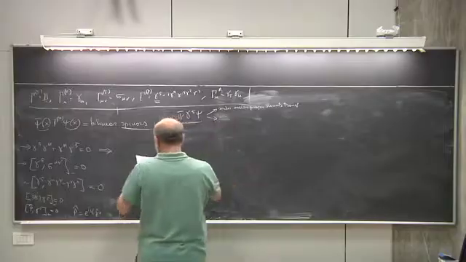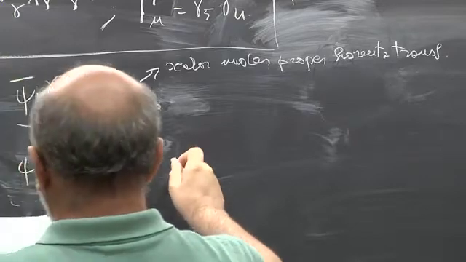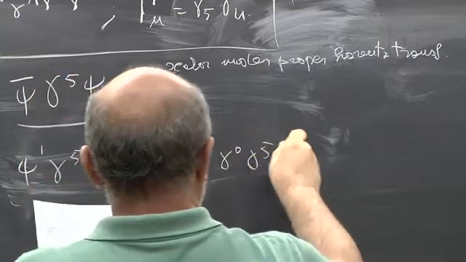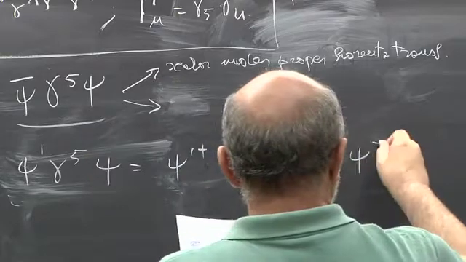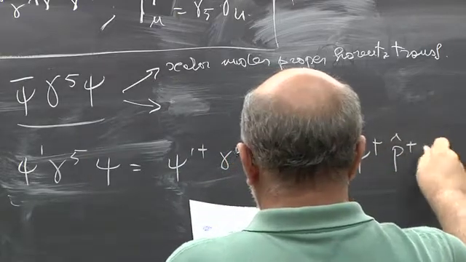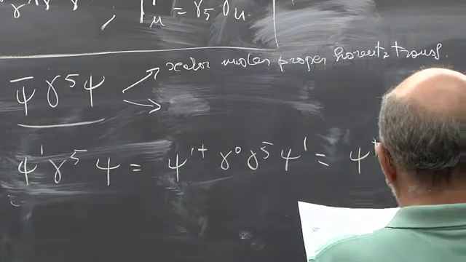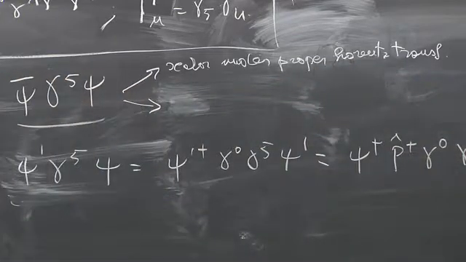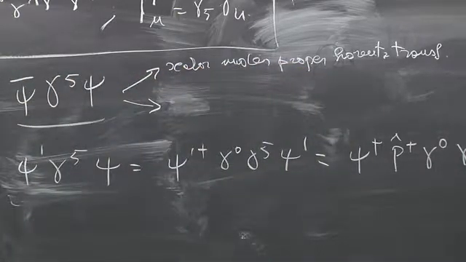So we have psi prime bar gamma 5 psi prime, that is psi prime dag gamma 0 gamma 5 psi prime. But the transformation, let's suppose, is just the transformation due to the space inversion. Now, P and gamma 0 commute because P is proportional to gamma 0. And P with gamma 5 anti-commute.